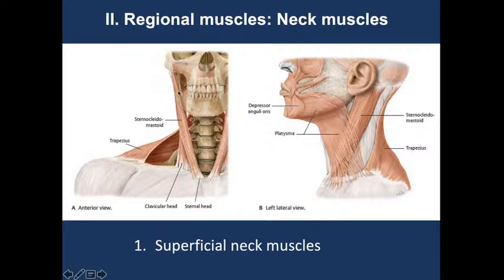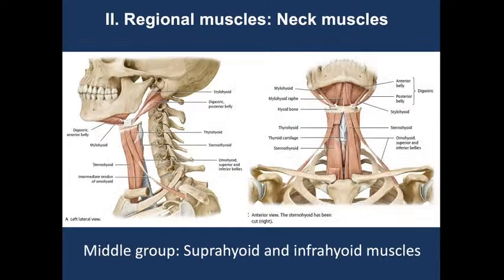Another region we could study is the neck muscles. We have three groups of neck muscles. The first is the superficial neck muscles like musculus sternocleidomastoideus and musculus platysma. They are located very close to the skin.